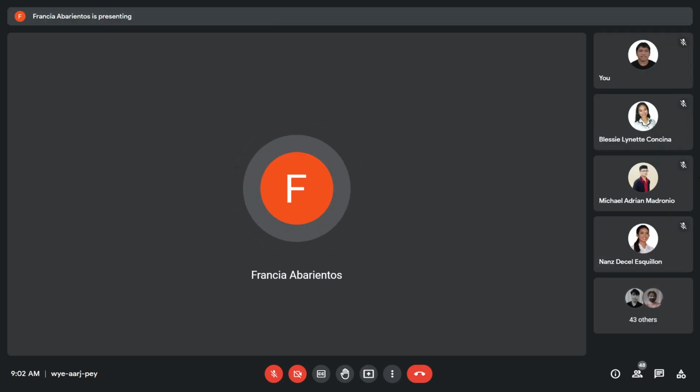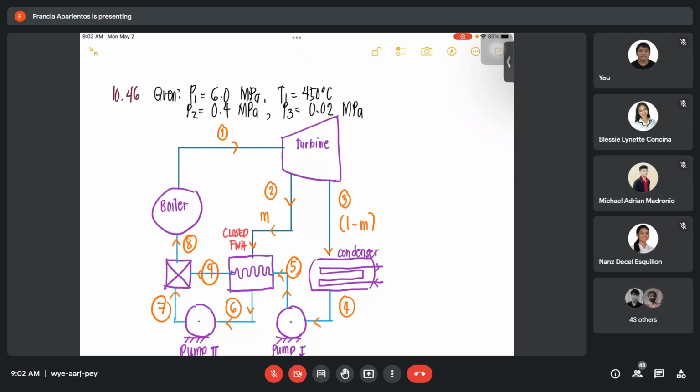So, this is a computation wherein given na sa atin yung, hanapin ko lang, 10.46. Assign ko yung problem. So, papasok na dito class sa closed feed water heater natin. Madami-dami yan. 10.46.